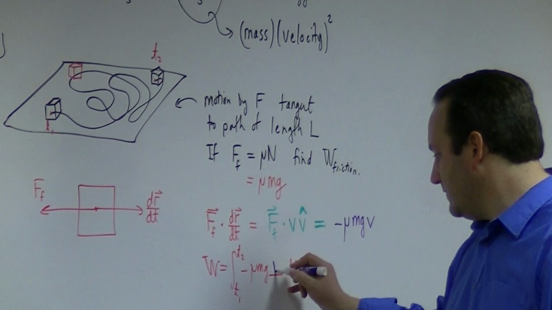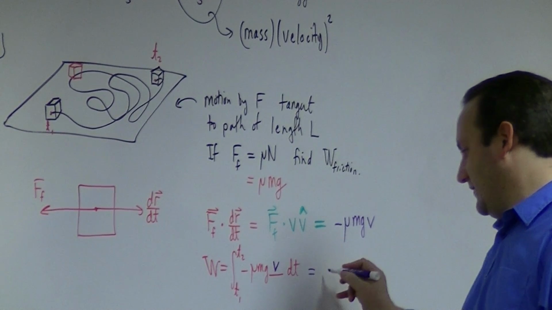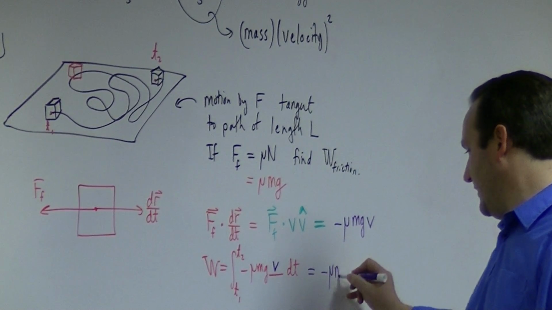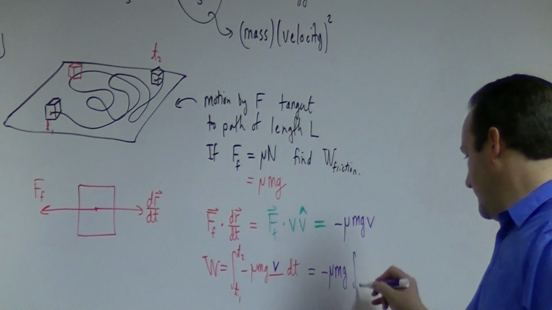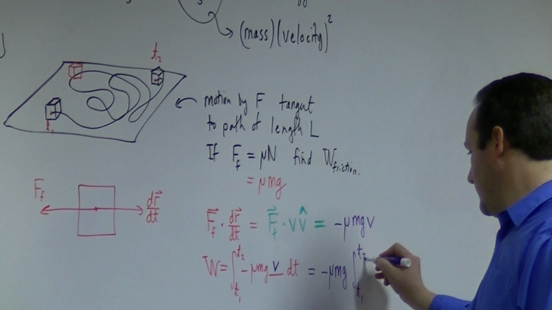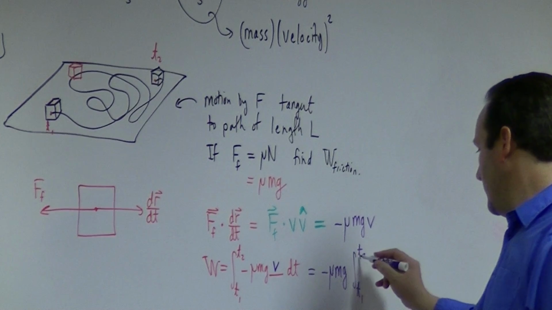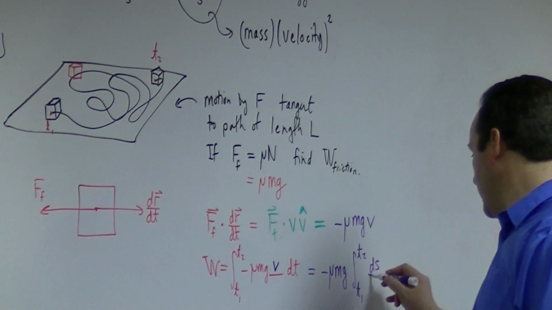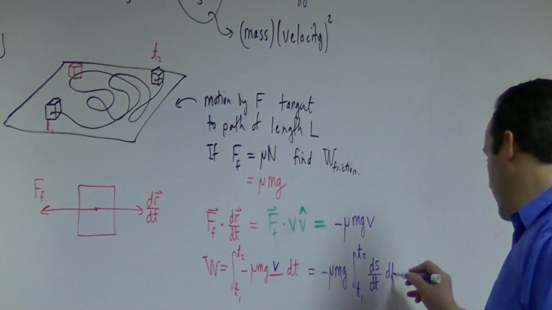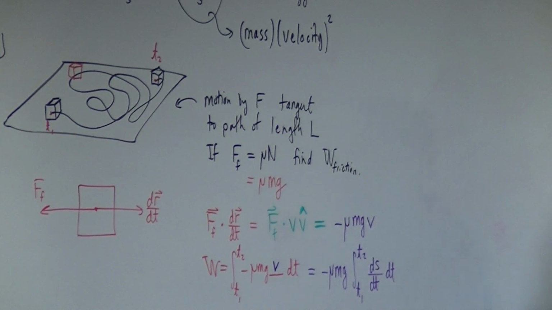Fill in the blank. The calculus isn't that hard. I got minus mu mg times the integral from t1 to t2 of the speed. What's another formula for the speed? How about the change in the arc length per unit time, ds/dt? You guys know the speed is ds/dt.